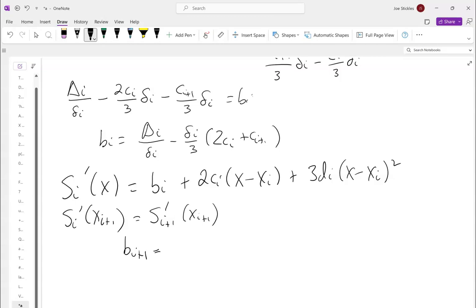On the right-hand side of this equation, which will be the left-hand side of this one, we'll get b sub I plus what? Good, little delta sub I and 3d sub I delta sub I squared, exactly, yep.